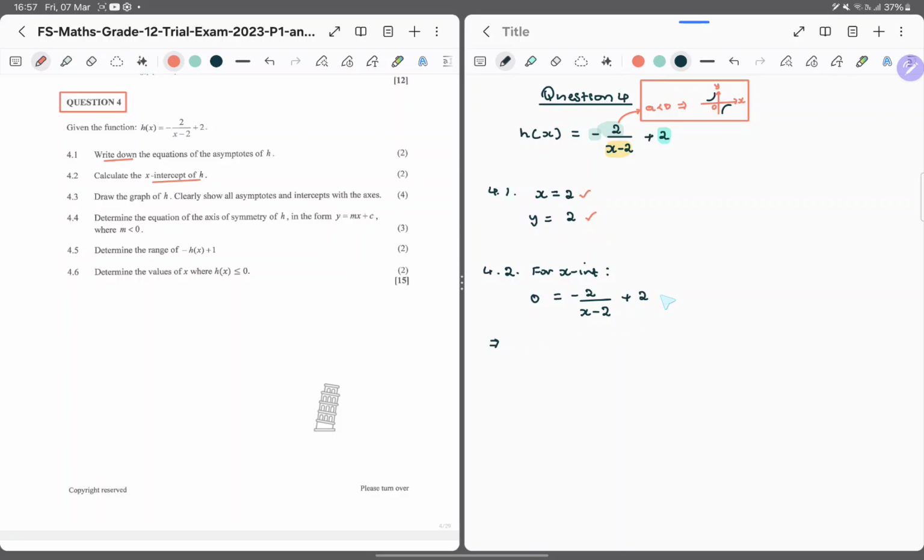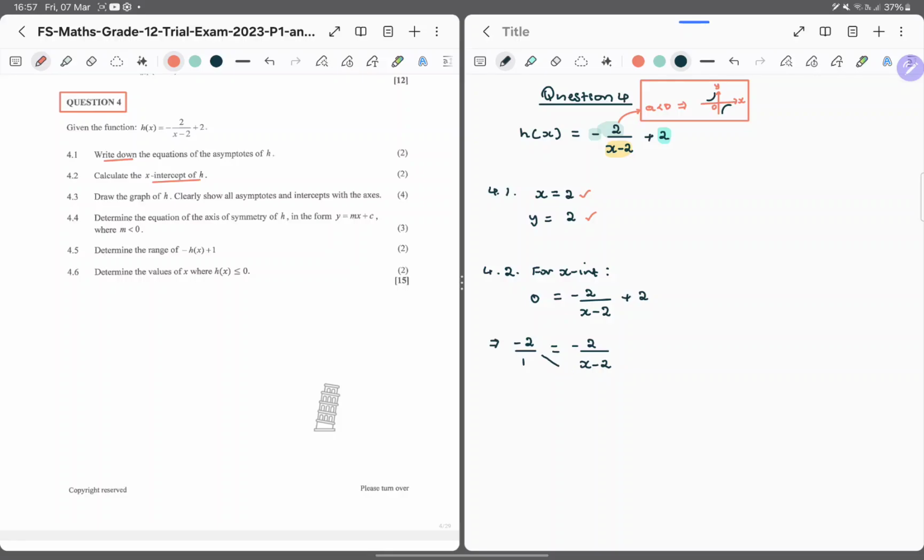This will imply we transpose the 2, it becomes negative, and since we have fraction, this is over 1, is going to be equal to minus 2 over x minus 2.